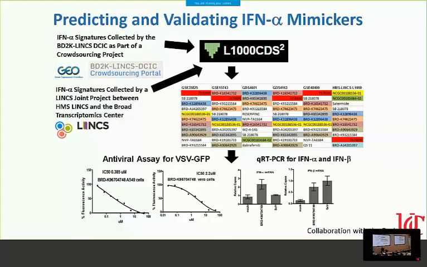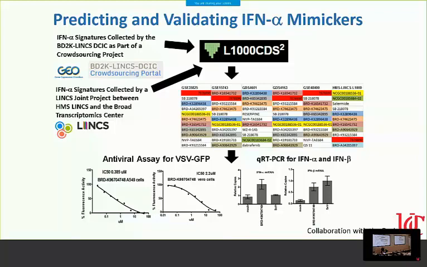There are also interferon alpha signatures from GEO that we found, 5 studies that were fitting, and then we queried all of this data to prioritize small molecules that could be potential interferon alpha mimickers. And they also got some positive results. There are 2 NCATs compounds that no one really knew what they were doing, and we got Ajit from NCATs to ship the compounds to Chris, and they got some activation of interferon alpha and interferon beta. And you can see that there's consistency across all of those studies.